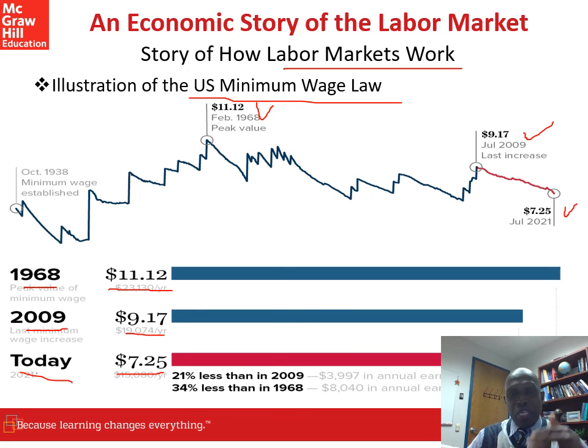If you compare these numbers, we can see that the minimum wage in 2009 was about 21% less than the minimum wage in 1968. The minimum wage today was about 34% less than the minimum wage in 1968.